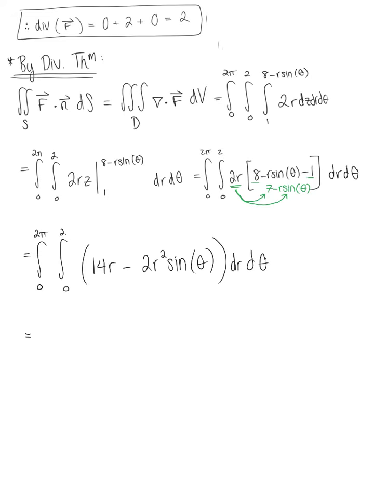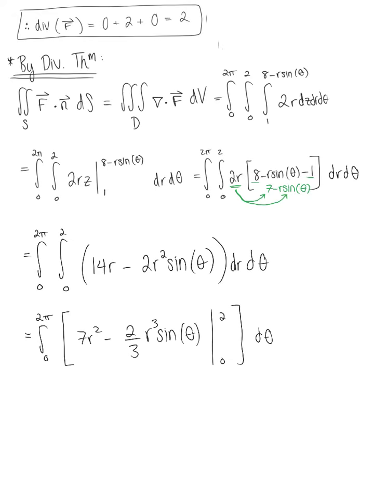So now we're integrating with respect to the radius r. So this is the integral from 0 to 2 pi of 7r squared minus 2/3 r cubed sine of theta from 0 to 2 d theta. So we have the integral from 0 to 2 pi of 7 multiplied by 2 squared, which is 4, minus 2/3 multiplied by 2 cubed, which gives us 8, sine of theta.